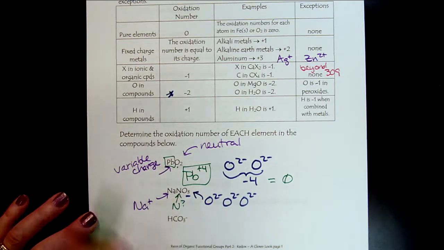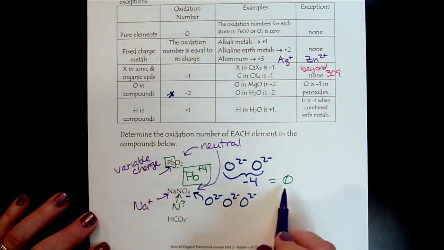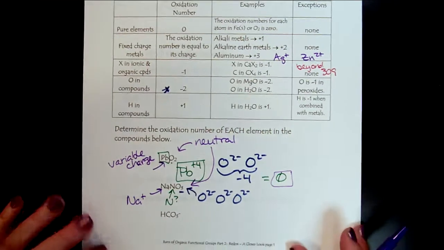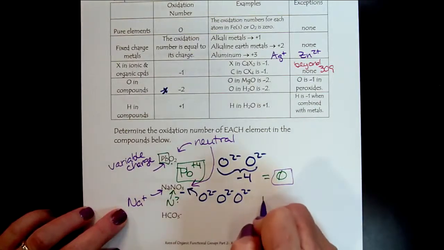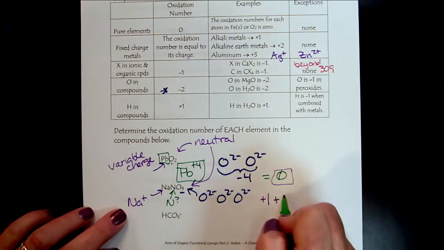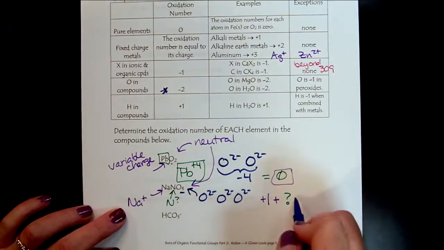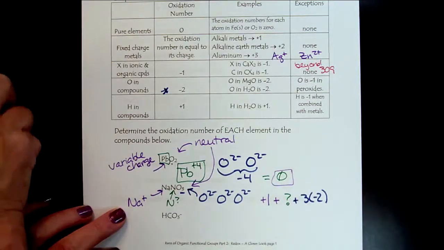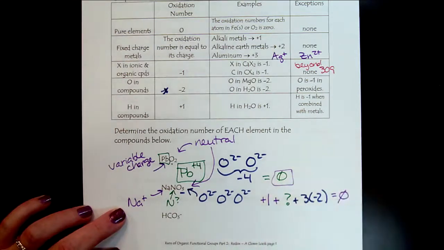Once again, this is a neutral compound, so everything needs to add to 0. So we just want to set up a very simple algebraic expression. The sodium is +1, and the nitrogen is what we don't know. And then the oxide, there were 3 of those, and they were each -2. When we're all done, this is a neutral compound, so it adds to 0.